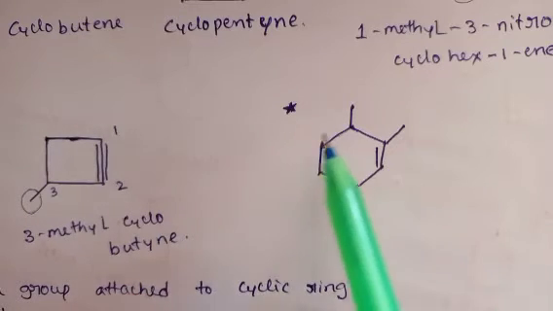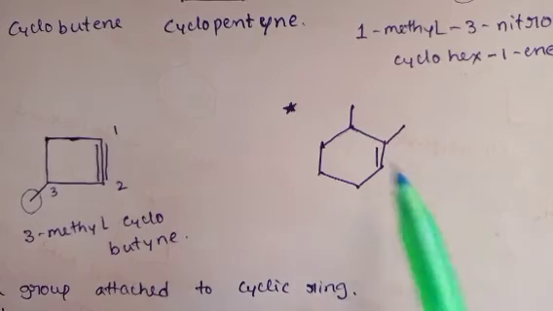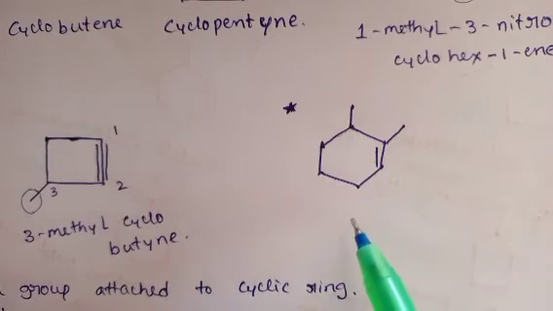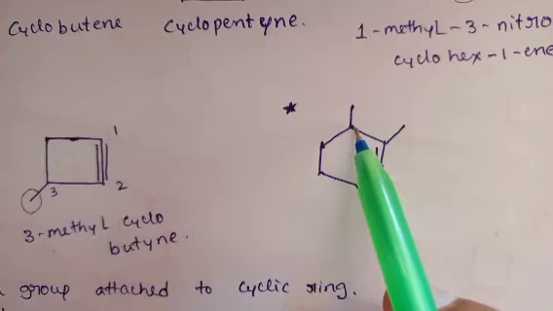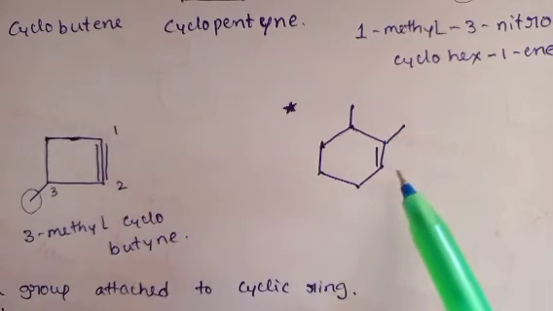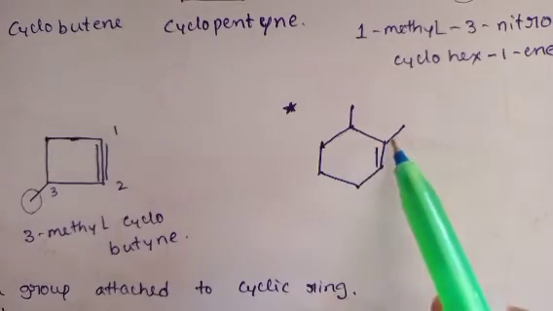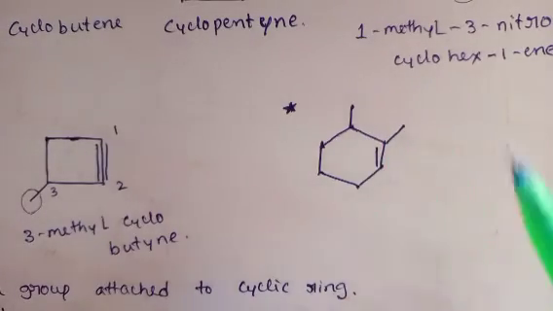Here also, there is this type of numbering and this type of numbering. So which is the correct one? First I will check this one. 1, 2. At first position, 1 methyl group. 2, 3, 4, 5, 6. Sixth position, 1. So first plus 6 means total 7. Now from this side, 1, 2, 3. Second place, third place. So 2 plus 3, 5. So this is the lowest sum.